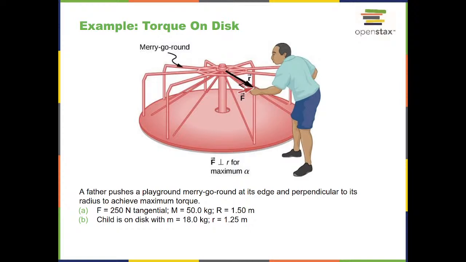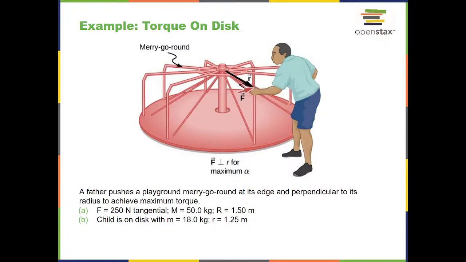If I arrange my right hand so that my thumb points along the direction of alpha, then my fingers will indicate in which direction the angular acceleration is pointing, and in which direction the angular velocity is increasing. You'll see that it will increase in this direction that I'm showing here, which is not surprising given the direction of that force vector. That is the direction in which the person is pushing, making the merry-go-round go round.